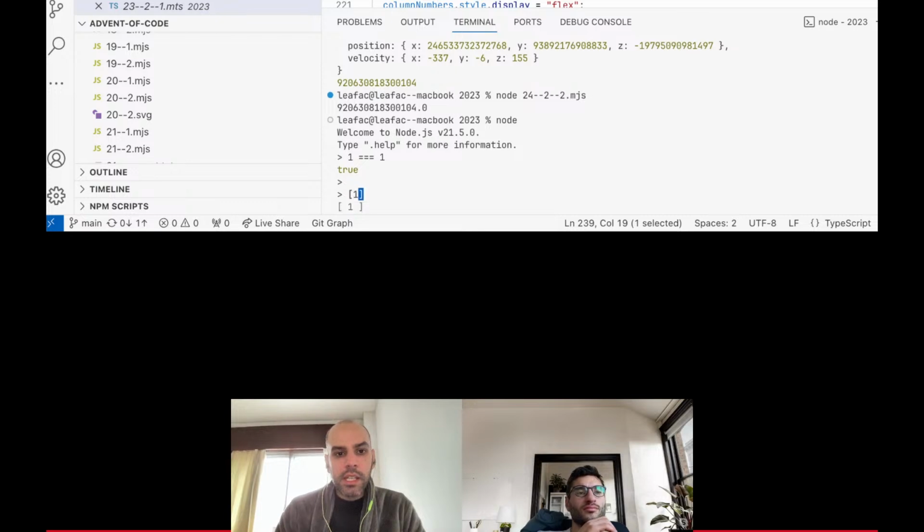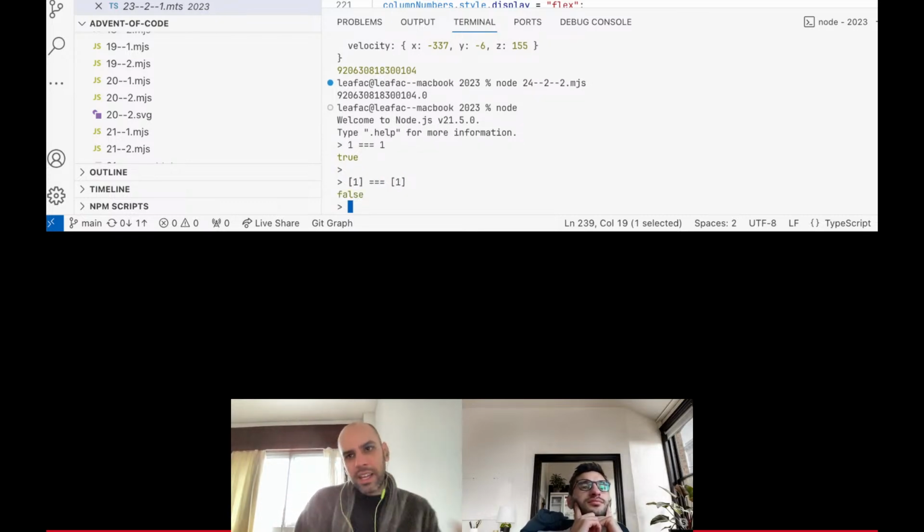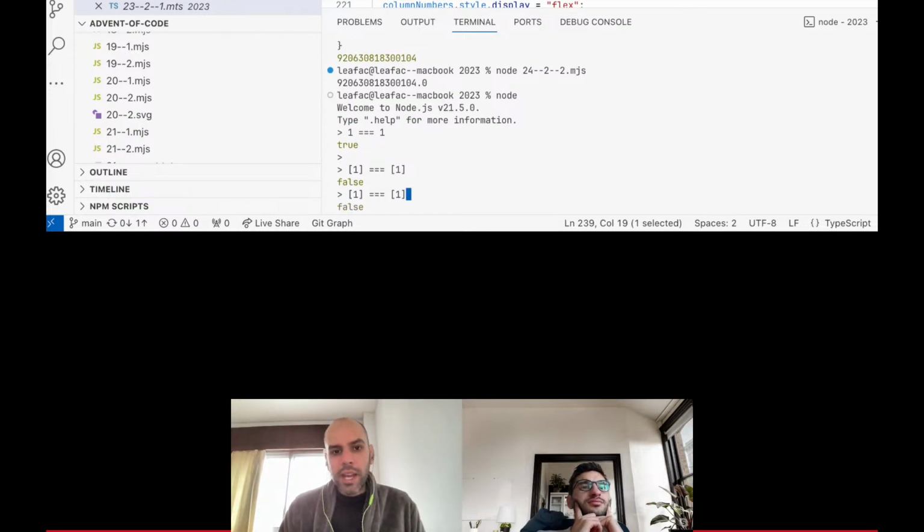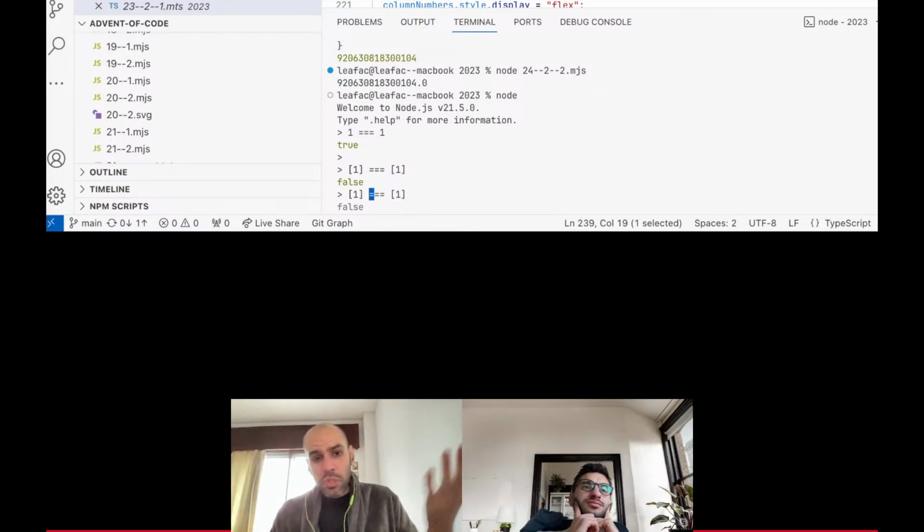But is the list containing 1 equal to the list containing 1? This is kind of the right answer, but kind of the wrong answer. It's the right answer if you look at the two lists as two different objects by reference, but it's the wrong answer if you look at the two lists as containing the same elements by value.